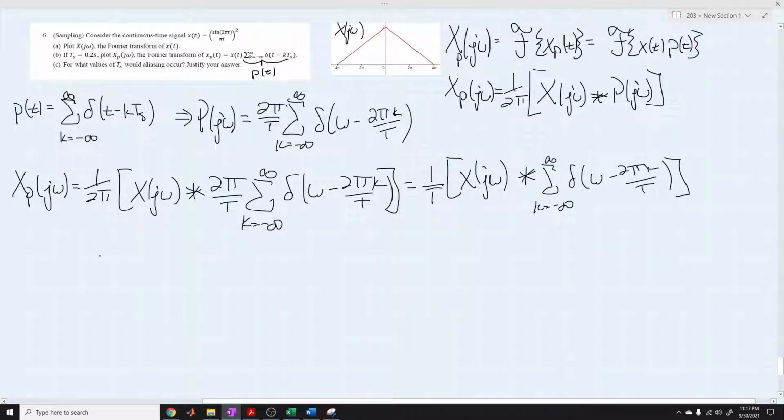Now, the shifting property tells us that the convolution of any signal with a delta function is equal to that signal evaluated at the shifted argument here. So we have x sub p of j omega equal to 1 over t, and it's going to be x of j omega minus 2 pi k over t.